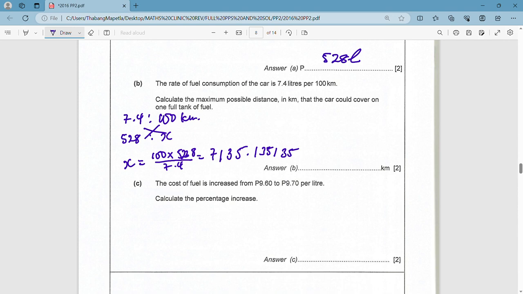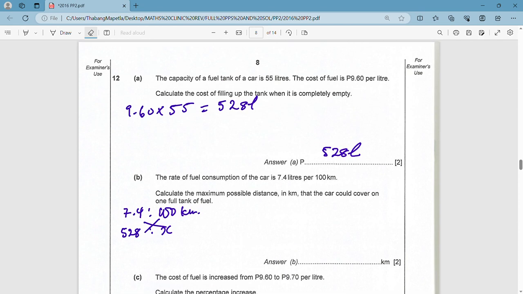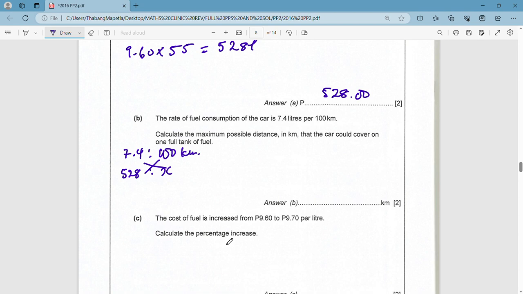I made a mistake, by the way. Today is not my day. I'm making a lot of mistakes, guys. This is not liters. It wasn't liters, it was pula. This is money.